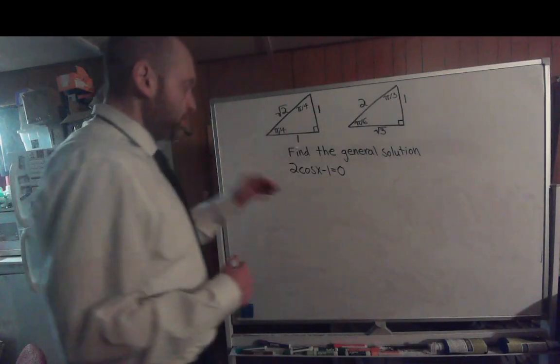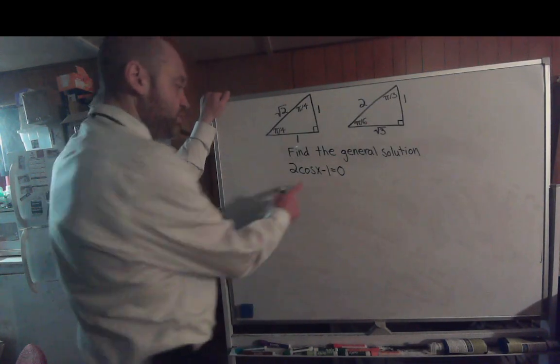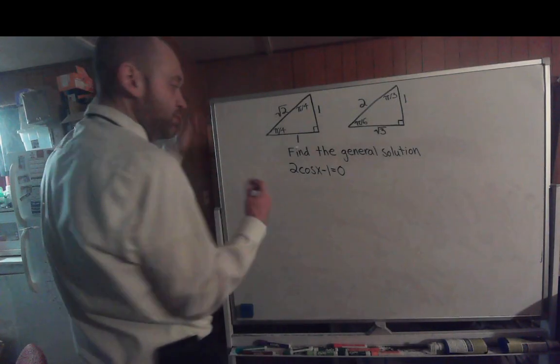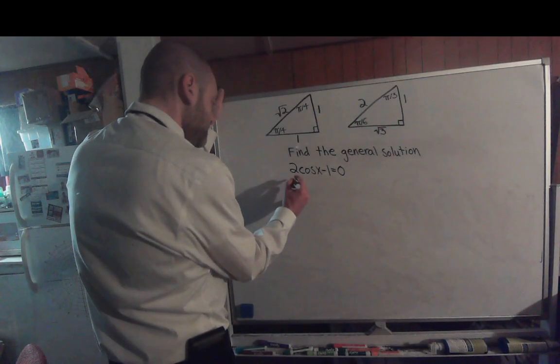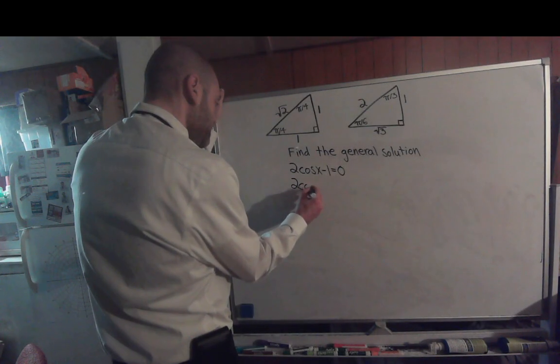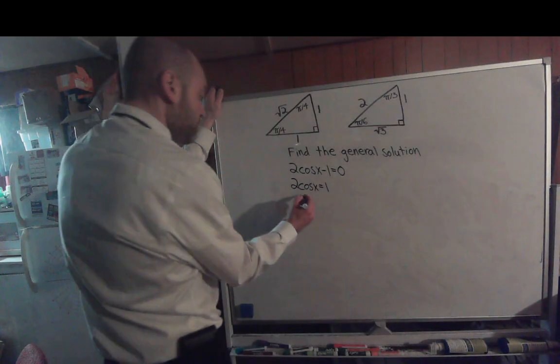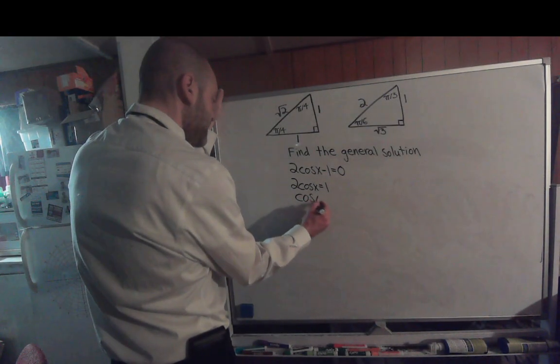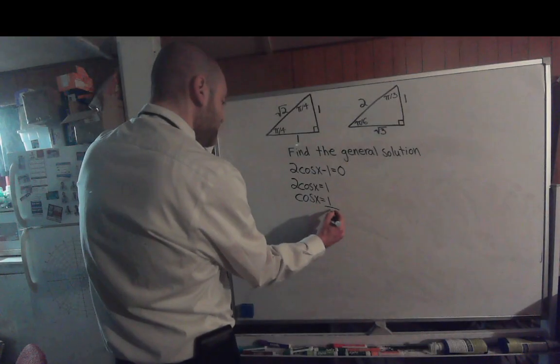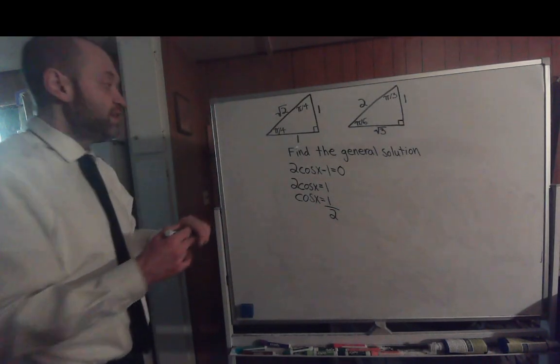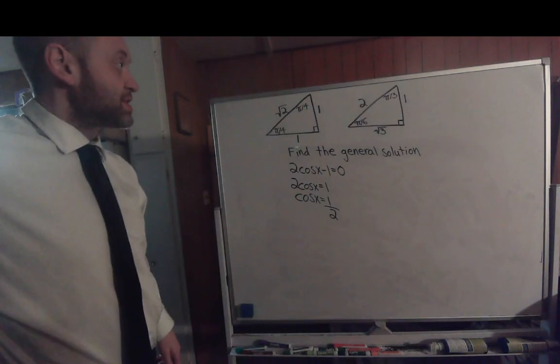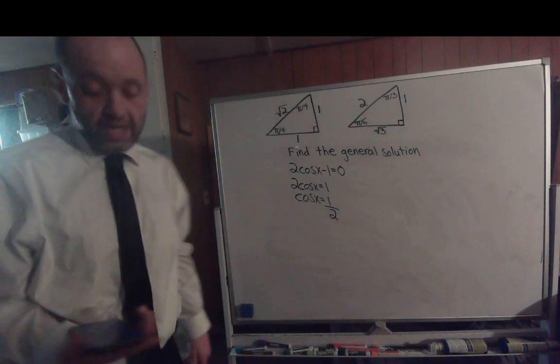Well, let's start by solving this equation. So 2 cosine of x minus 1 equals 0. This could become 2 cosine of x equals 1, which would give you the cosine of x equals 1/2. Now we have to figure out, where does the cosine equal 1/2?